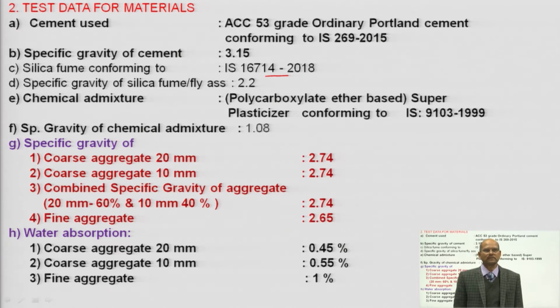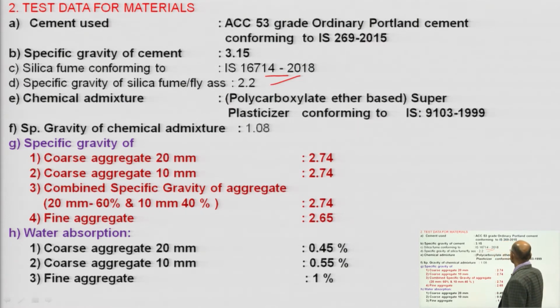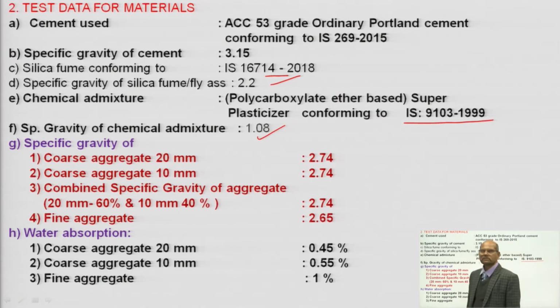The specific gravity of silica fume is 2.2, and the chemical admixture, polycarboxylate ether based super plasticizer conforming to IS 9103:1999, has a specific gravity of 1.08. Then we have found out the specific gravity of coarse aggregate, fine aggregate, and the combined specific gravity of coarse aggregate and fine aggregate.